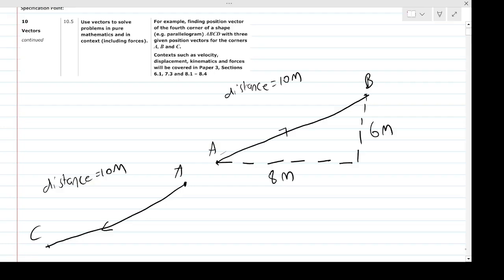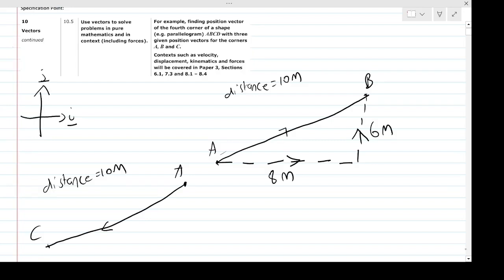But if we split it up horizontally, so they walked forward by 8 metres and then upwards by 6, now we're starting to get somewhere, because now we're starting to include this notion of direction, so forwards and upwards. But actually, if we use i and j notation, so remember i is basically the x direction or the x-axis, and j is basically the y-axis.